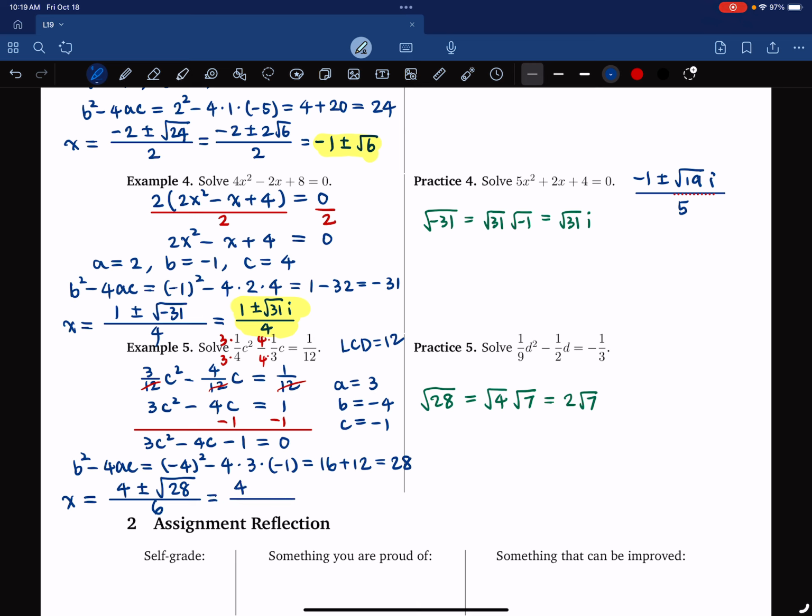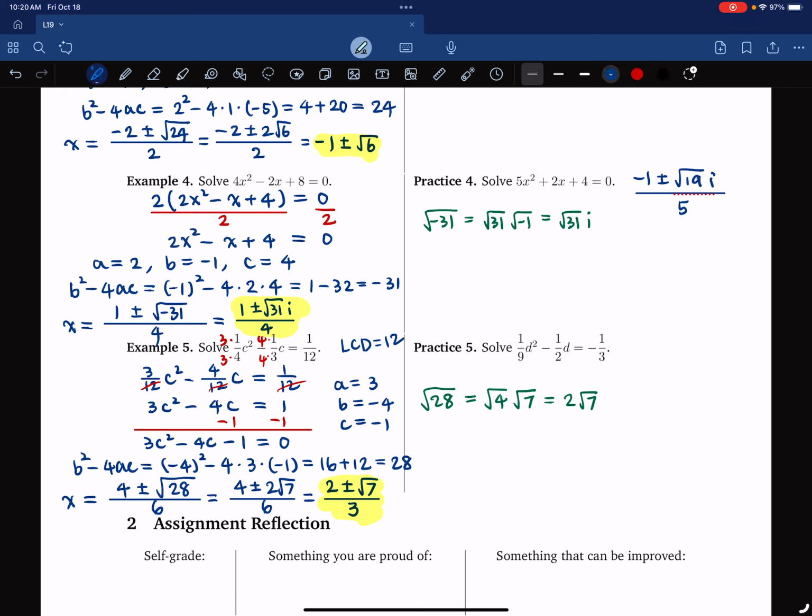So it will be 4 plus minus 2 radical 7 over 6. And notice that there is a common factor of 2 between the top and the bottom. So I'm going to divide everything by 2 to simplify this fraction. So that will be 2 plus minus radical 7 over 3. And that will be our final solution.